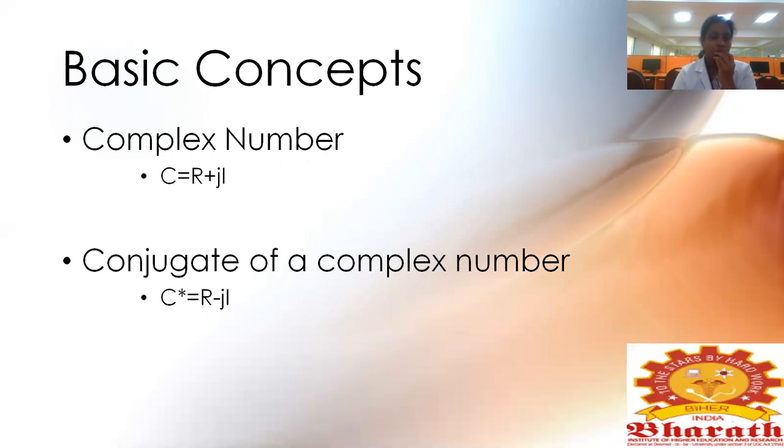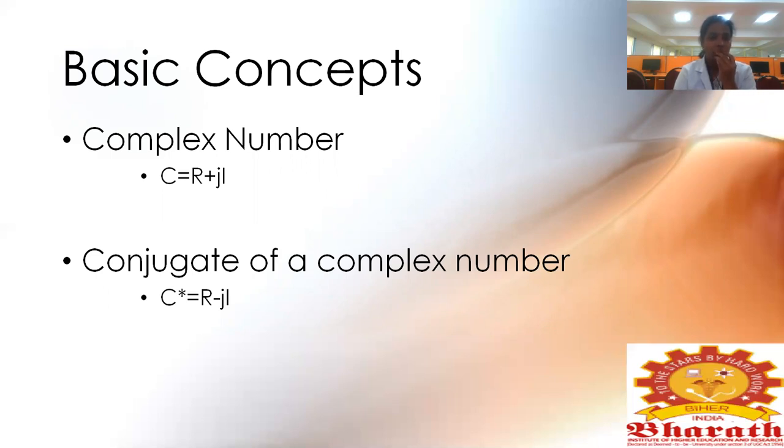So here first we'll tell you what is a complex number. A complex number C is represented as R plus Ji, where R and I are real numbers, right? And here J is going to be a number which represents an imaginary part, which is equal to the square root of -1, and C star is equal to R minus Ji, right?